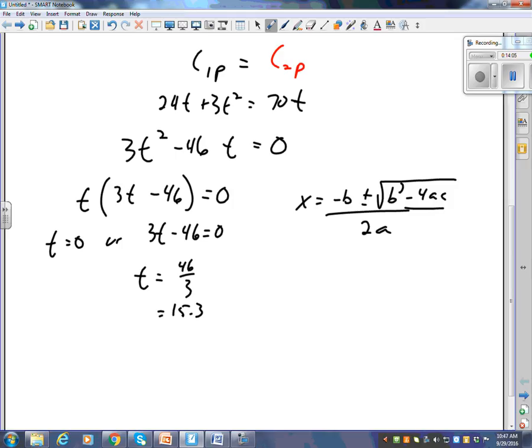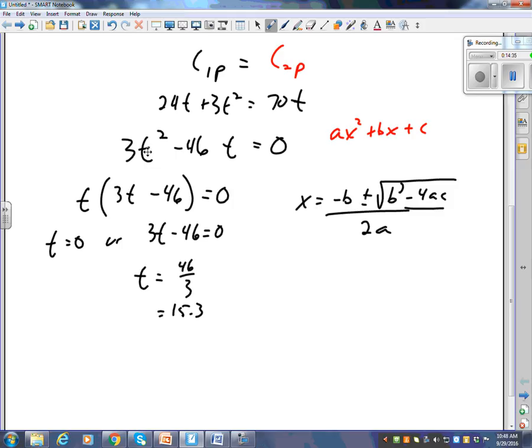It applies when the equation is ax squared plus bx plus c. Do I have a c? No, 0.